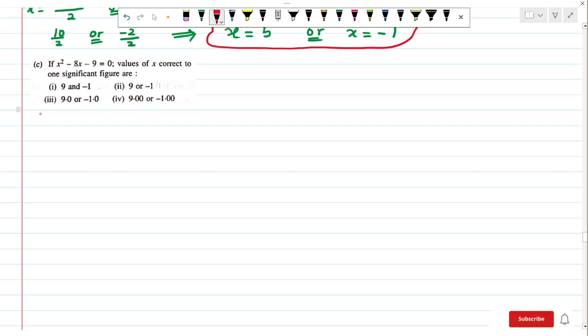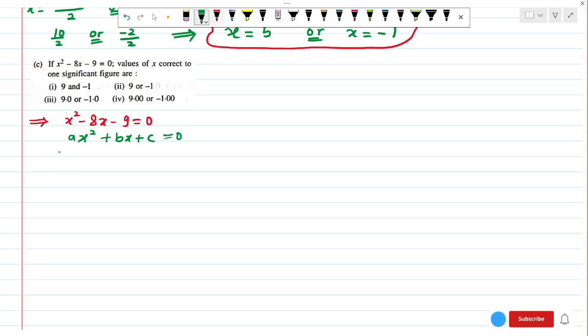Okay, so I'll write down the question here, that is x square minus 8x minus 9 is equal to 0. Now I'll write the standard form, that is ax square plus bx plus c is equal to 0.